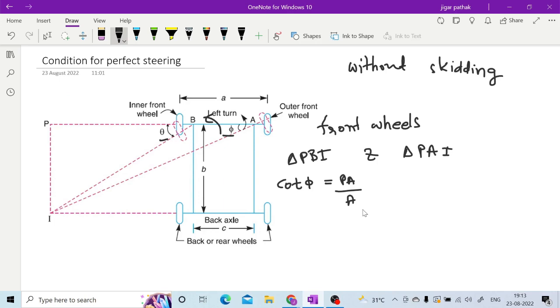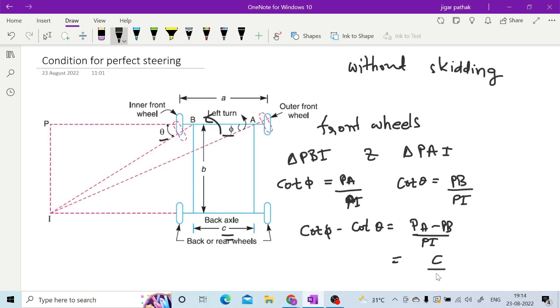So when you go for cot phi minus cot theta, it will be PA minus PB upon PI, right? PA minus PB is nothing but this distance C, which is given here. This is the distance between the axles, and PI is nothing but B, right?